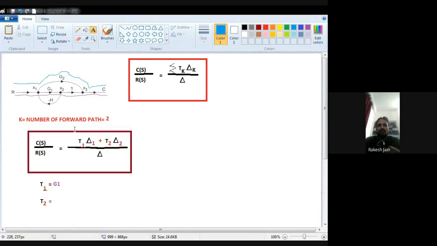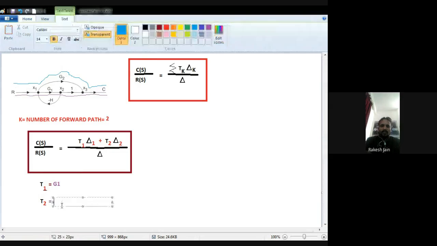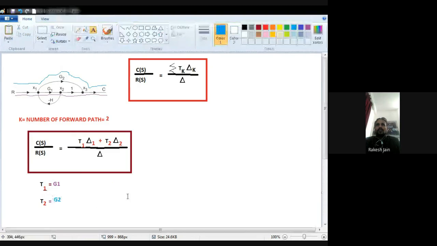Then I reach x3 directly with this branch whose gain is g2, so 1 multiplied by g2. Then I reach the output side with nothing written, so 1. So 1 multiplied by g2 multiplied by 1, g2 is the gain of the second forward path.